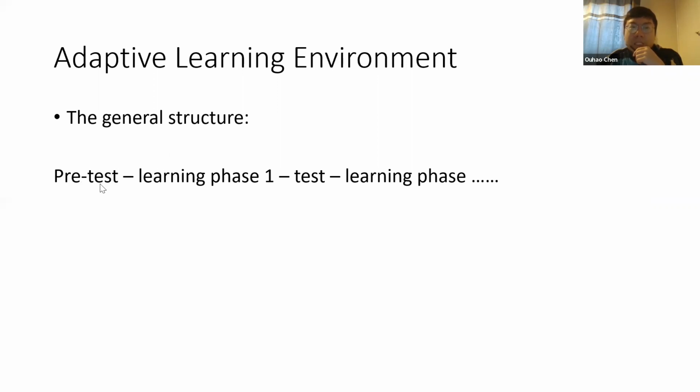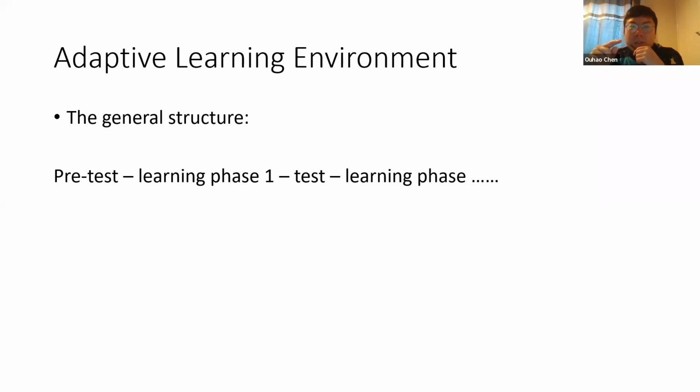And then based on the prior knowledge, we categorize students into different levels, maybe the high expertise level, medium expertise level, and low expertise level. And then the students go to different groups to learn the mathematics. The students in the high expertise level probably can go to the next module, the next topic, directly.